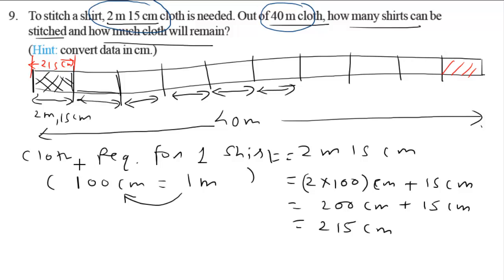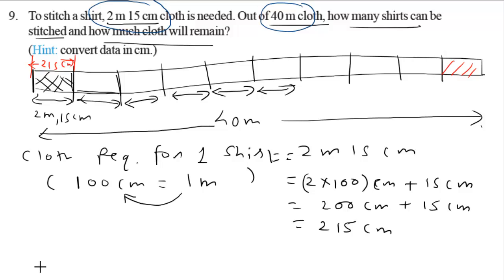So how many such portions can be cut from the 40 meter cloth? For that we will apply the division concept. We will try to divide the 40 meter cloth. First you have to convert the 40 meter into centimeters.